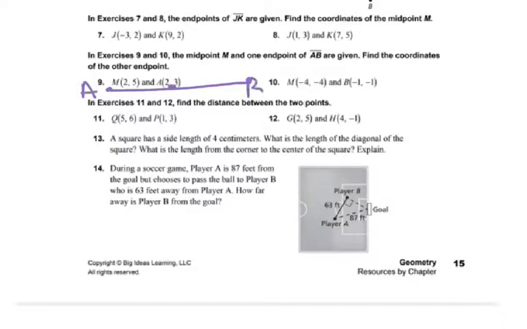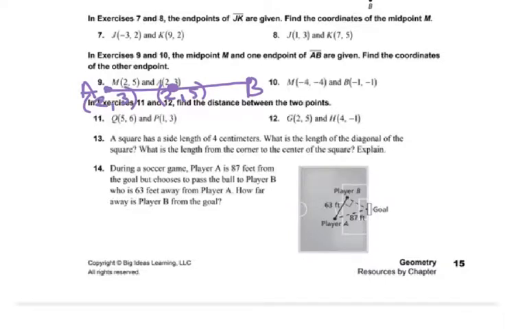A, B. That's what it says. You're given the endpoints of A, B, and M is in the middle. So this one is 2, 5. And A is 2, 3.